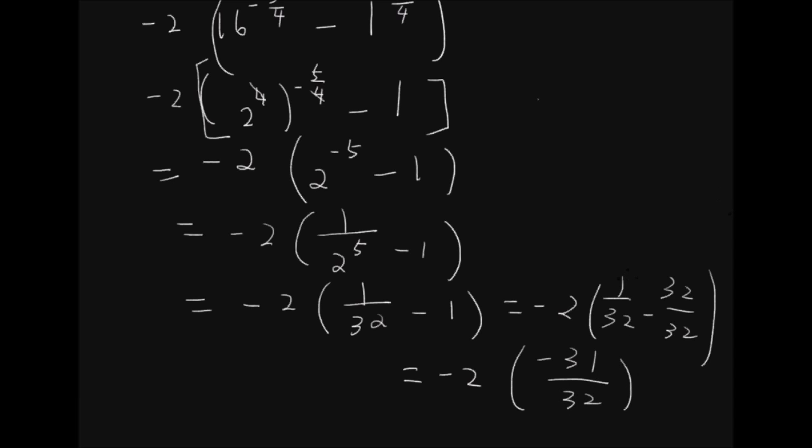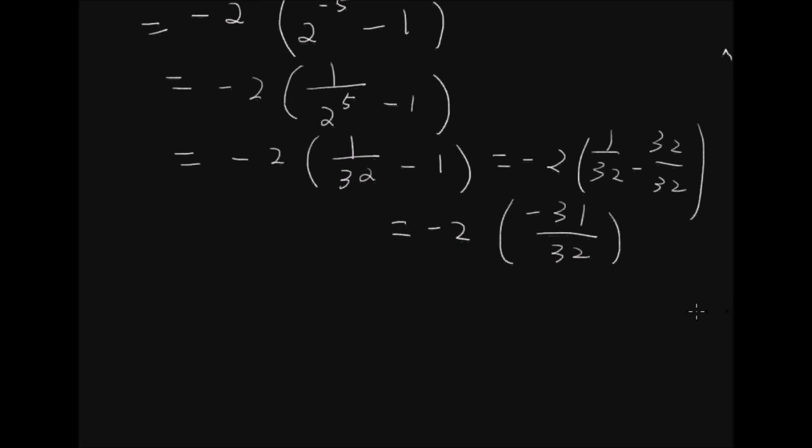So now we can go ahead and multiply those. Before we multiply, we can reduce again, dividing by 2 and by 2. So we have 16. Then negative times negative is positive. So the final answer will be 31 over 16. This will be the final answer for this integration question.